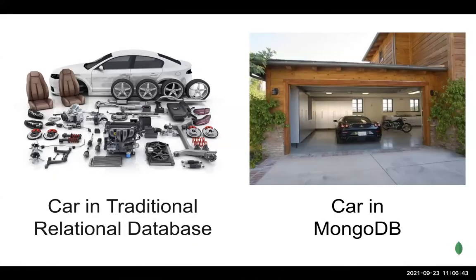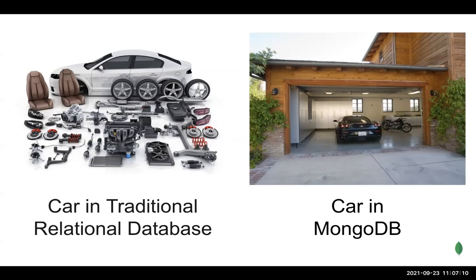And to give maybe a more abstract example, if we think of an automobile, a car, in a relational database way, we might not be thinking about the car as a whole. We might be thinking of the car as a sum of its parts. So its tires, its seats, its engines, its brake pads, and all of the other features that combine the car, as opposed to just representing a car as a car.